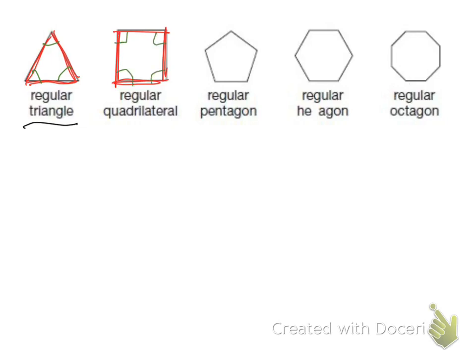A regular pentagon, all the sides are the same and all the angles are the same. Okay. A regular hexagon, okay, all of the sides are the same length and all the angles are the same. You get the picture? Okay, so if I know one side of a regular polygon, I can find the perimeter.